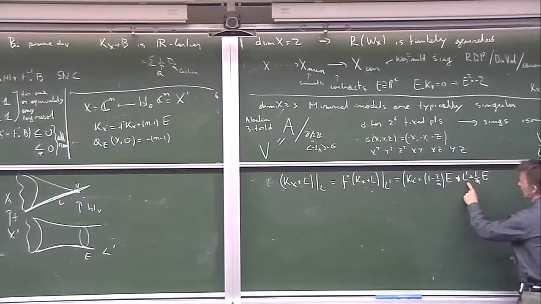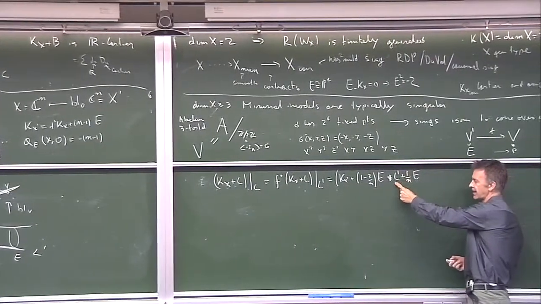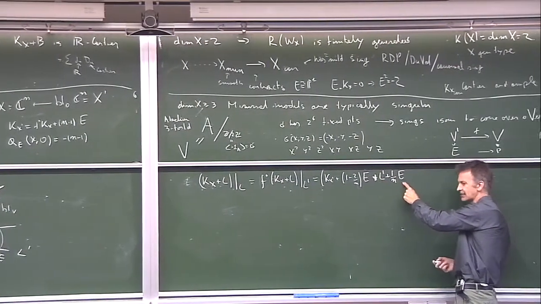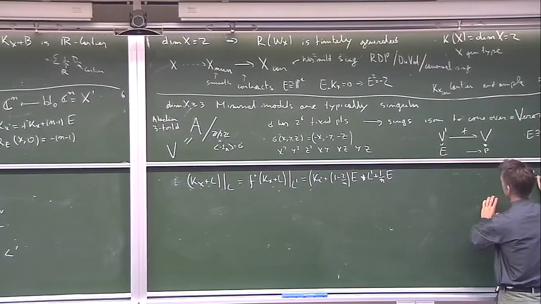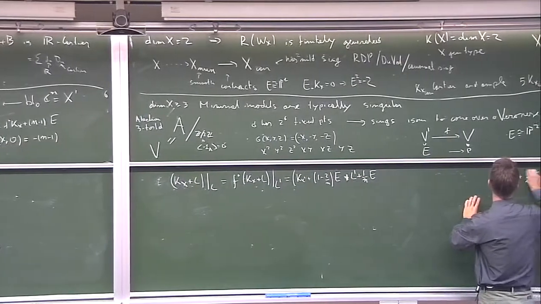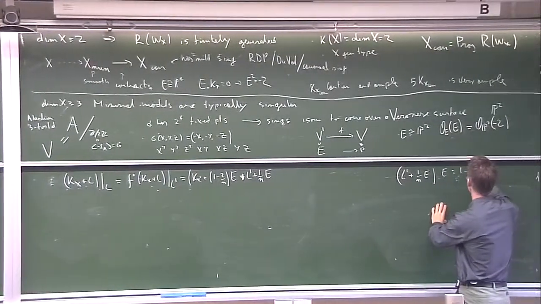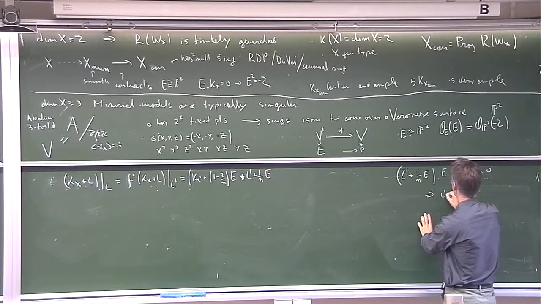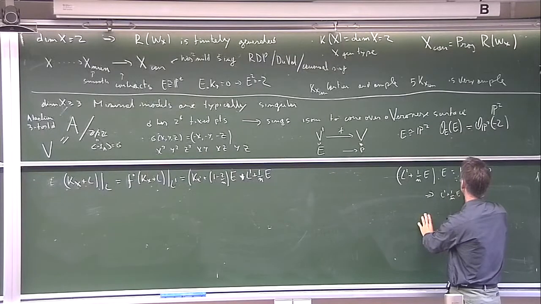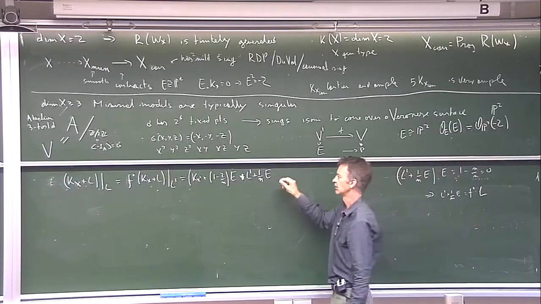Another way to check it is to intersect this with the exceptional curve E. You get 1 from here, and 1/n times minus n, so minus 1 from here, and it cancels out. (L' plus (1/n) E) dot E is 1 minus n over n, which equals 0. This convinces you that L' plus (1/n) E is the pullback of L, so this formula is correct.